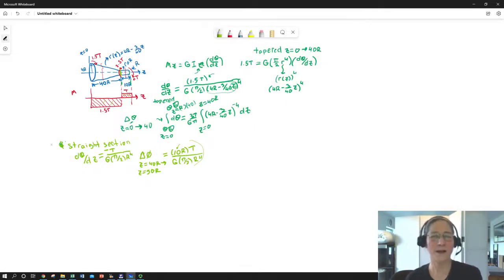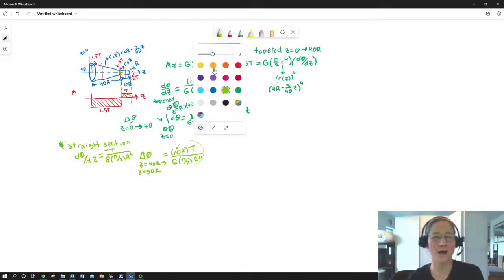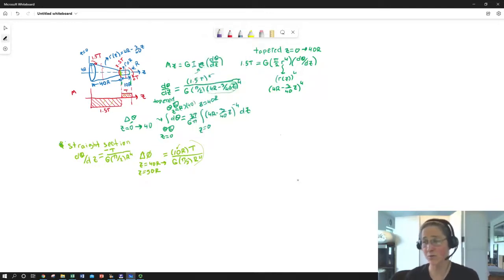Now we're going to wind up with just a quick treatment of the total amount of torque we can apply. Are we going to have a problem with our material?